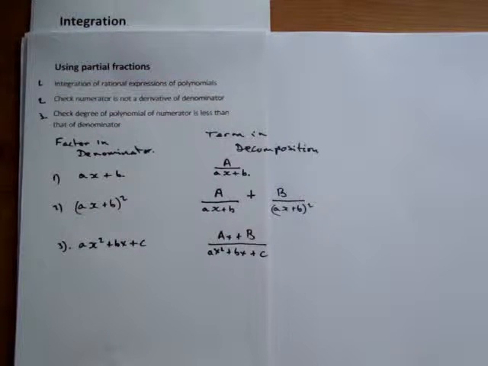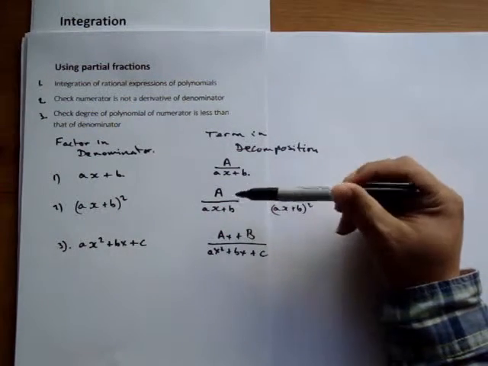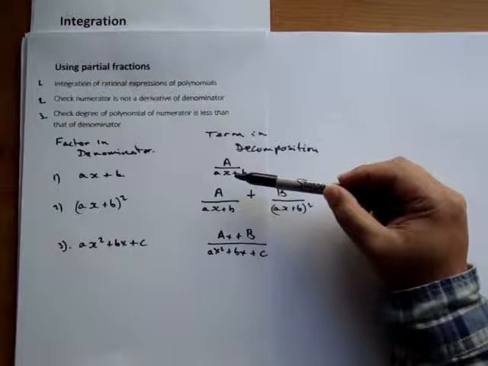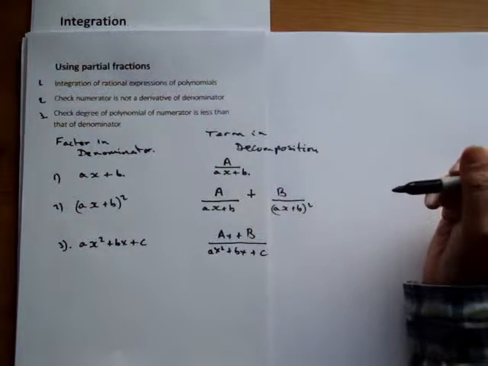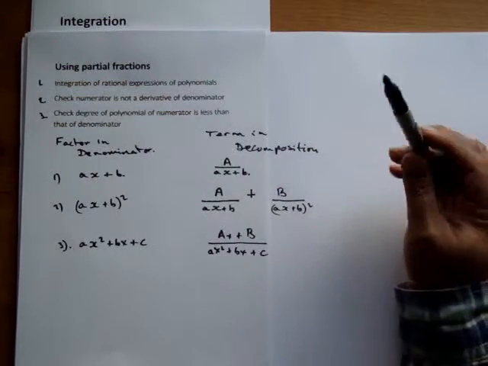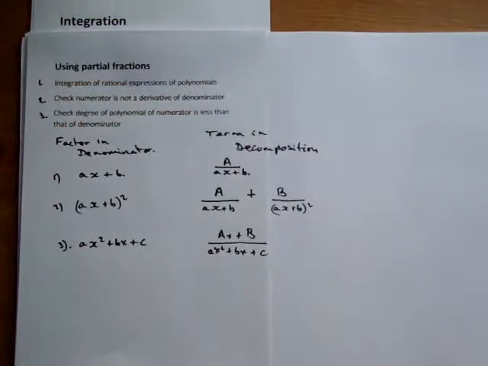The other thing we have to do is, if we can, we factorize the denominator into factors like x minus 3 or x minus 2, and also try to make the degree of the polynomial in the numerator less than that of the denominator. So we'll have a look at some techniques for that.